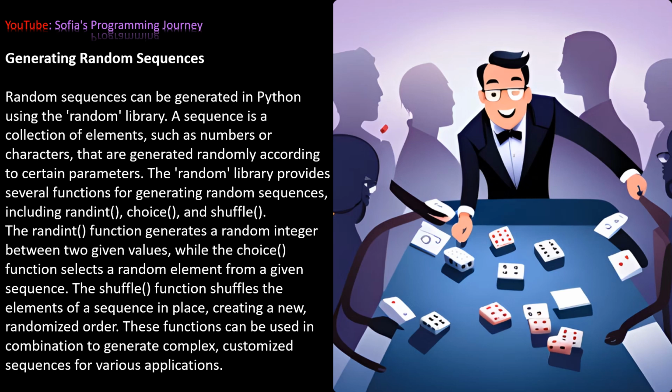The randint function generates a random integer between two given values, while the choice function selects a random element from a given sequence. The shuffle function shuffles the elements of a sequence in place, creating a new, randomized order. These functions can be used in combination to generate complex, customized sequences for various applications.